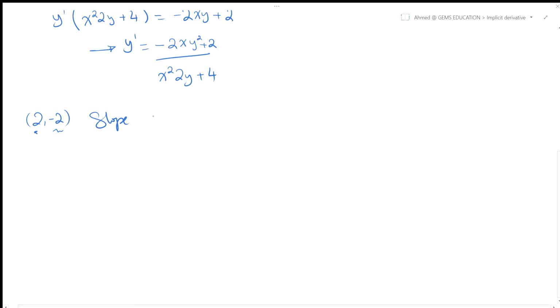So negative 2, instead of the x I'll put 2, instead of the y I'll put negative 2 squared plus 2. All of this is over, instead of the x substitute 2, and then 2 instead of the y, negative 2, plus 4. Calculate this on your calculator.